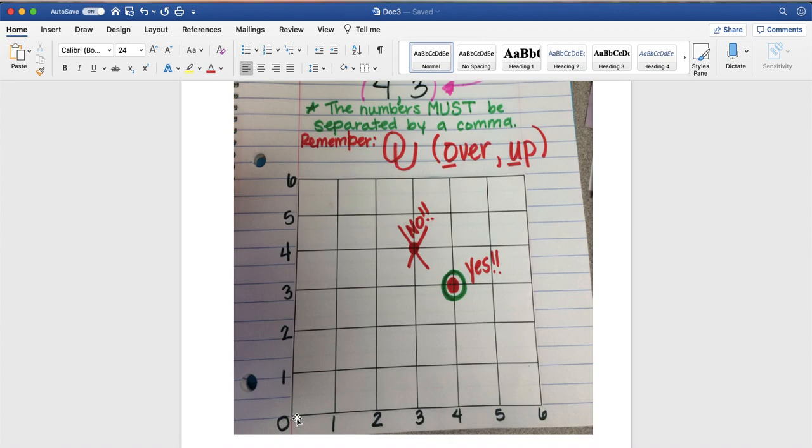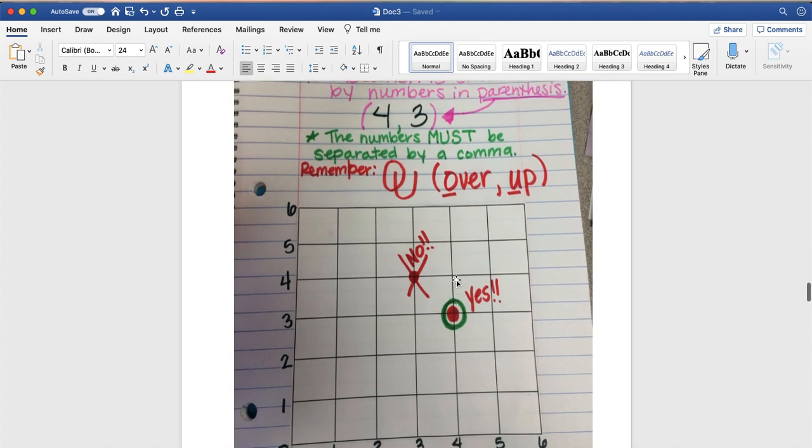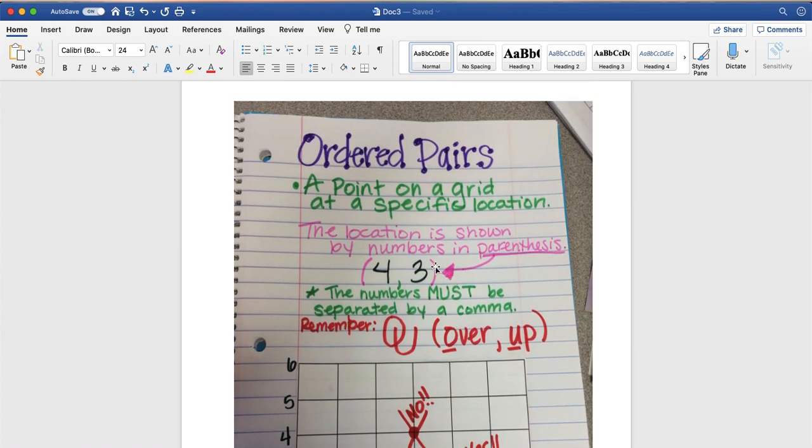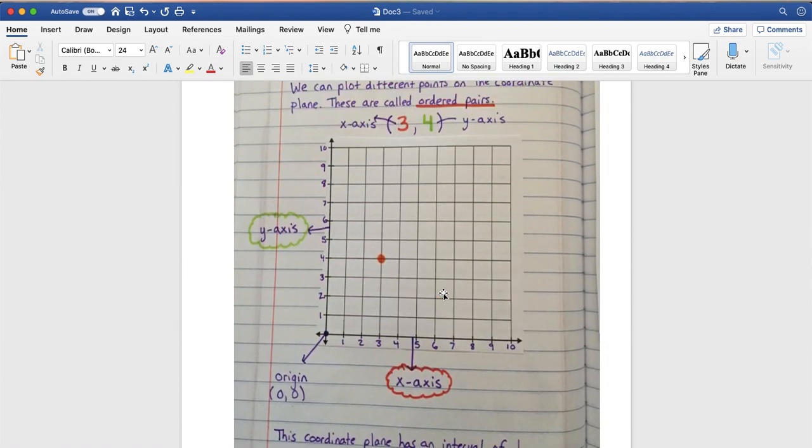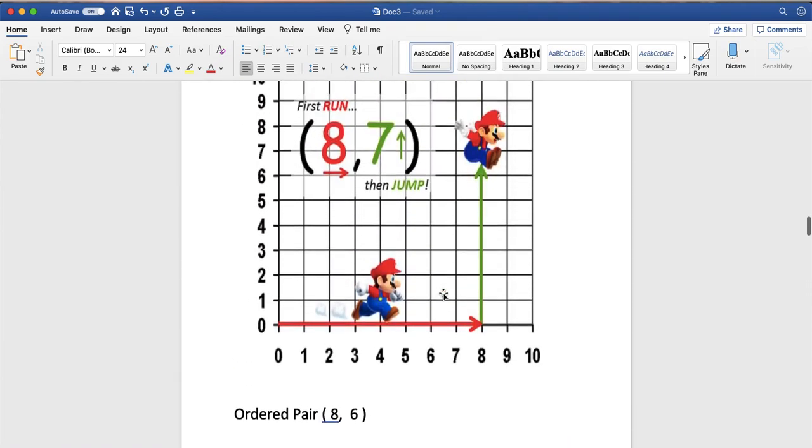And remember, you always run before you can jump. You always run before you can jump. And our ordered pairs, it's always parentheses, how far we need to run, comma, how high we need to jump, close the parentheses. So remember this. That'll help you with how far Mario has to run before he can jump.